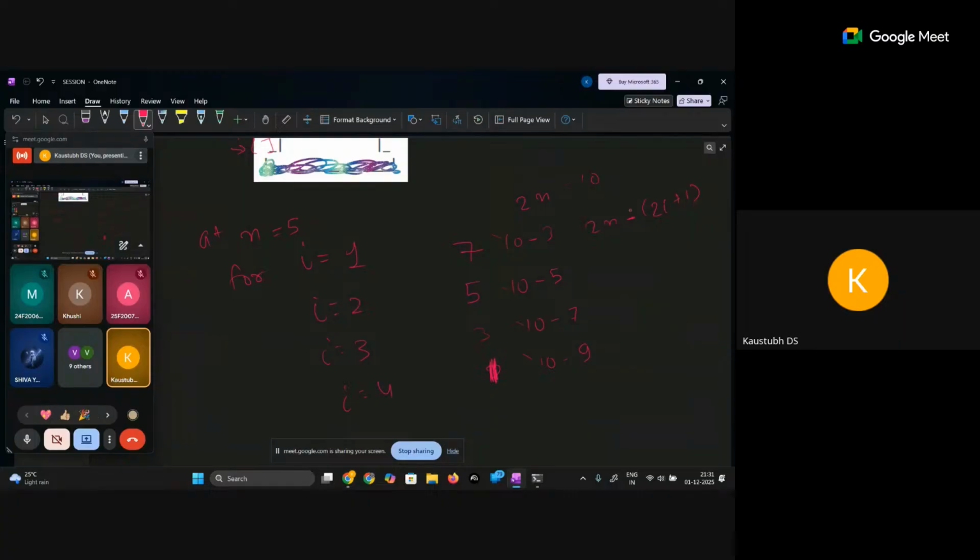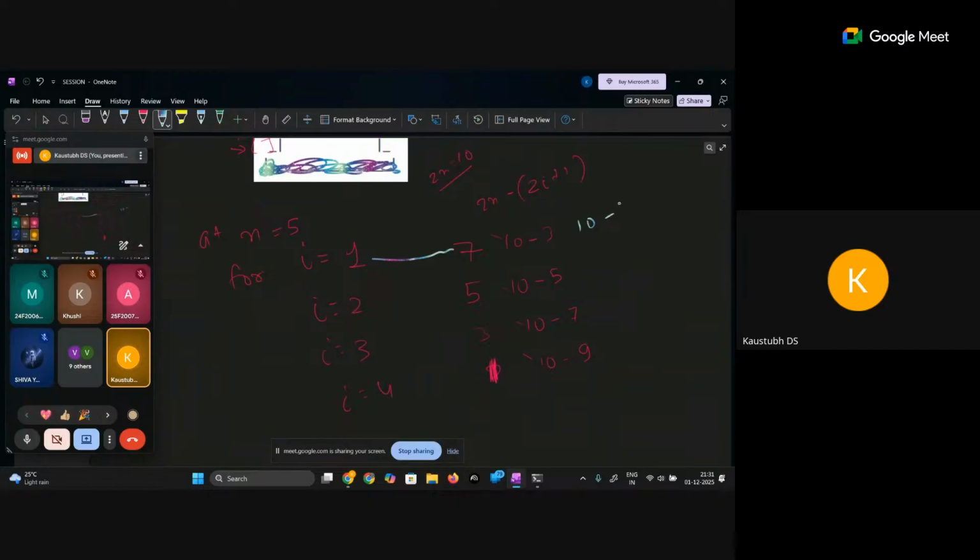Okay. I see something like this here. So 2n minus 2i plus 1. Is that correct? Let's see. So first, 2n is always 10. 2n equals 10, right? So first we had 2n minus 2 times i, and i right now is 1.